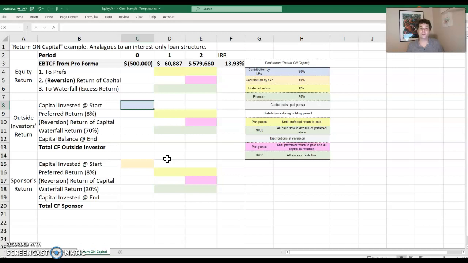The first thing we have to do is raise $500,000 of equity for this investment. And it's agreed that our outside investors, or our LPs, limited partners, will contribute 90%. And our general partner, or the sponsor, will contribute the other 10%.